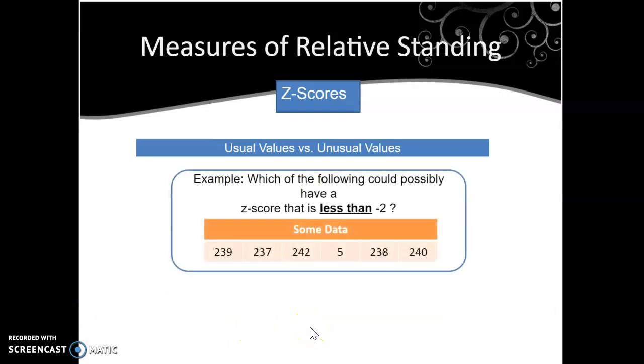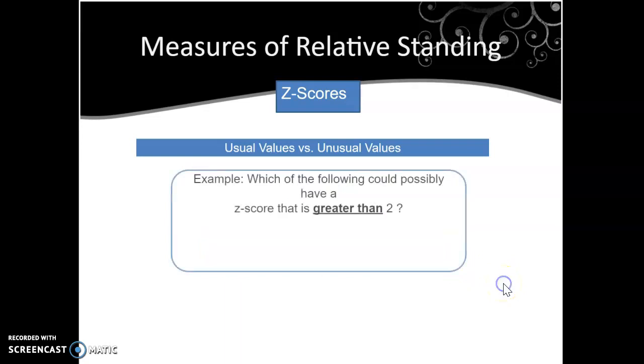So for example, if we're looking at this data set, say we have the data values 239 and 237 and 242 and 5, 238 and 240, which of the following probably has a z-score less than -2? Probably the 5. That is a very unusual, unexpected value in this data set.